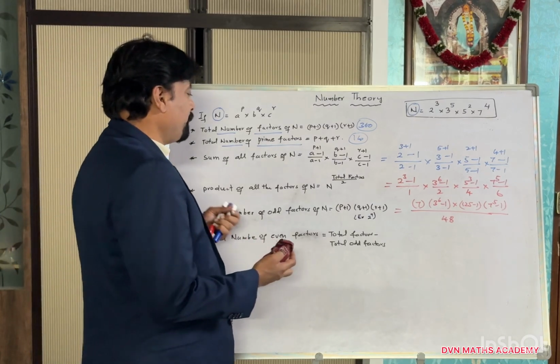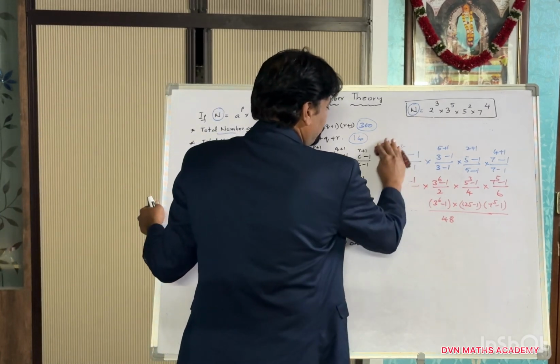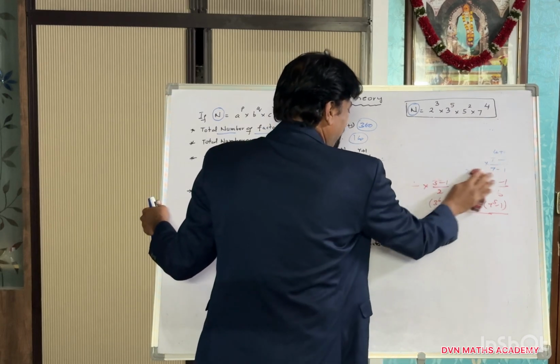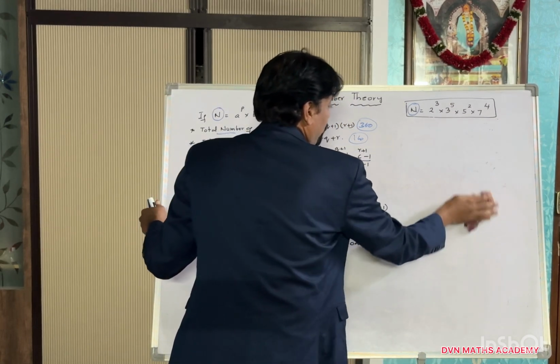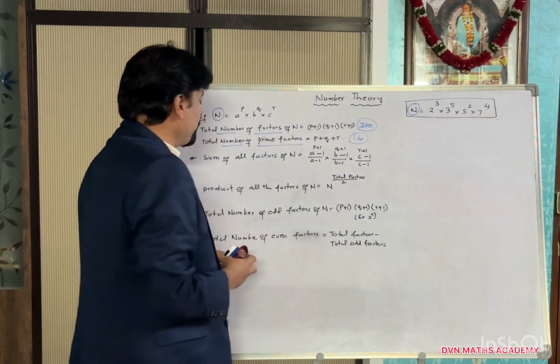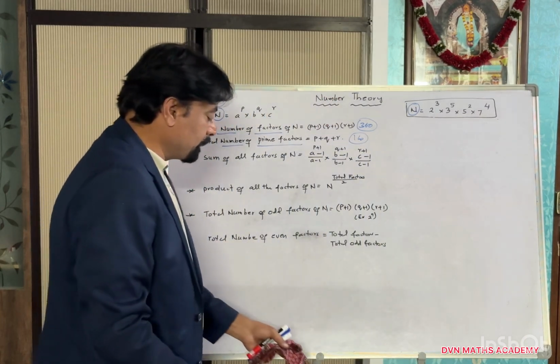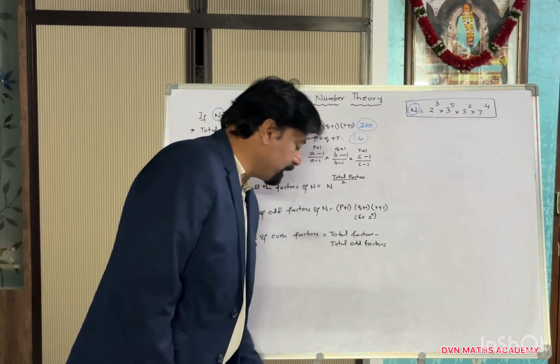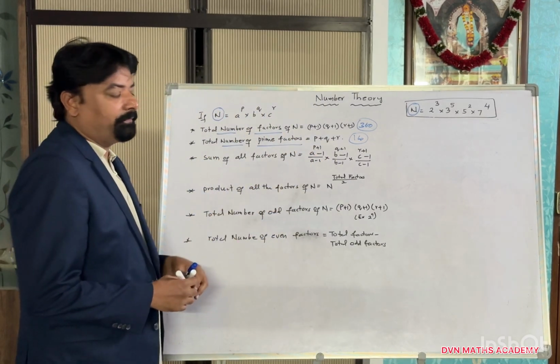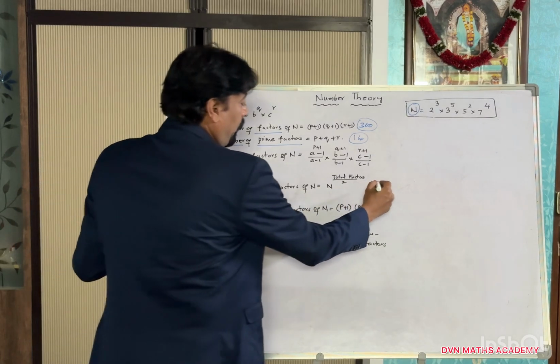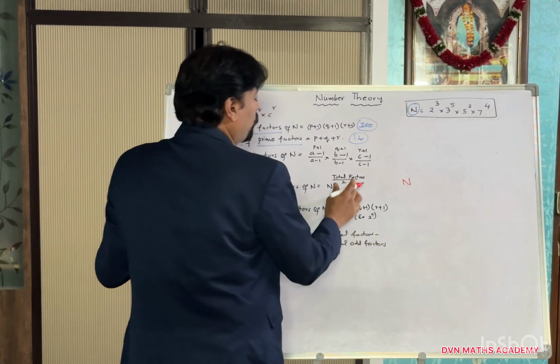The next concept is very, very interesting. Before, I told you how to find the sum of all its factors. But sometimes he will ask what is the product of all its factors. It is very easy to find: the product of all factors of n is n to the power of total factors by 2.